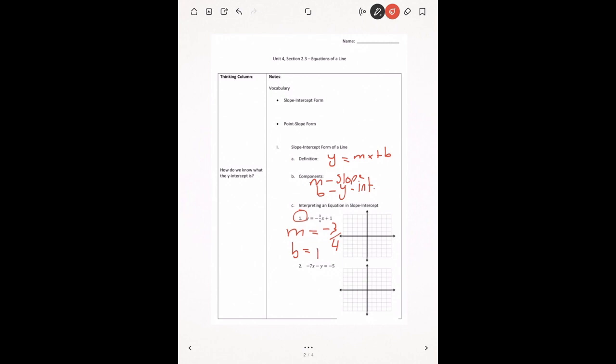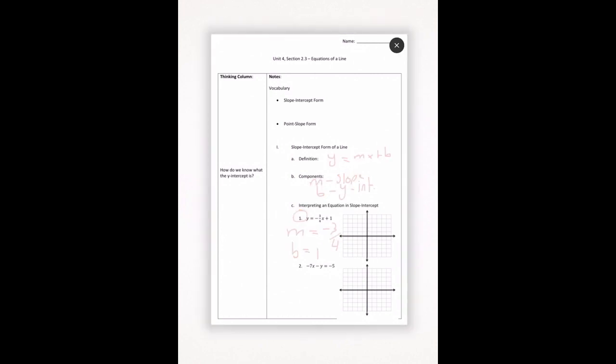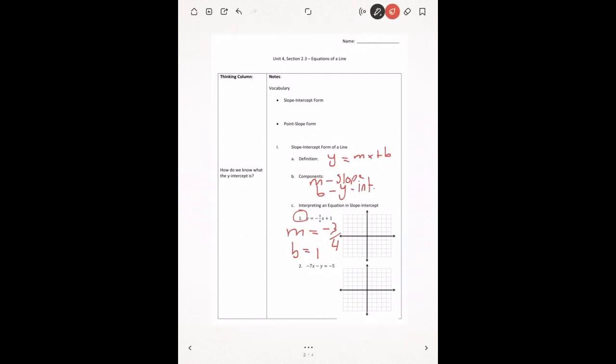So on the y-axis, my y-intercept is right at (0, 1). We cross the y-axis at 1.